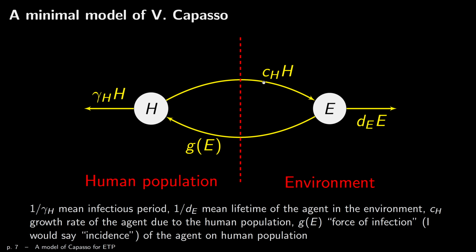CHH is how much humans who are contaminated by the pathogen are infecting the environment.